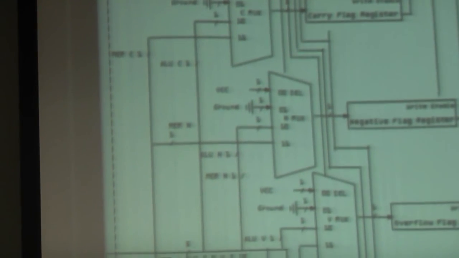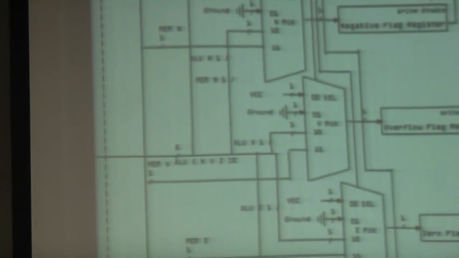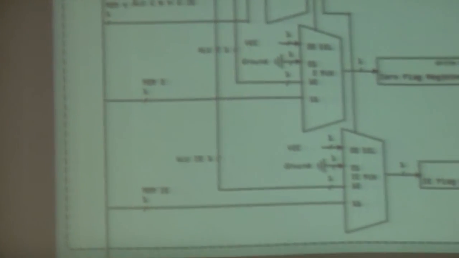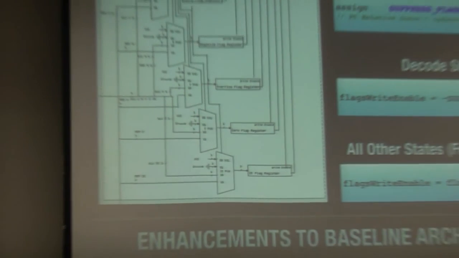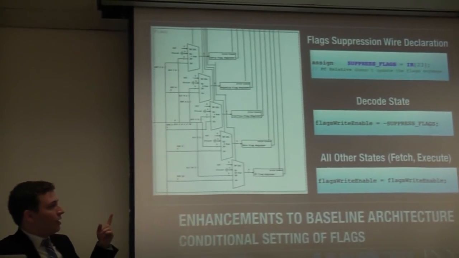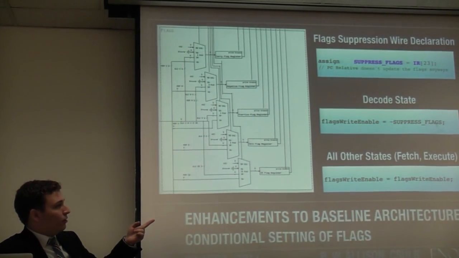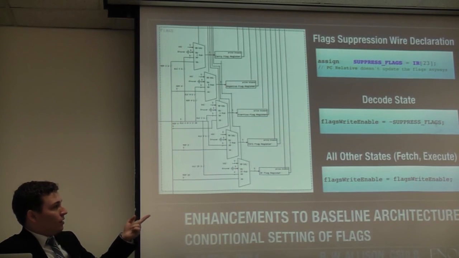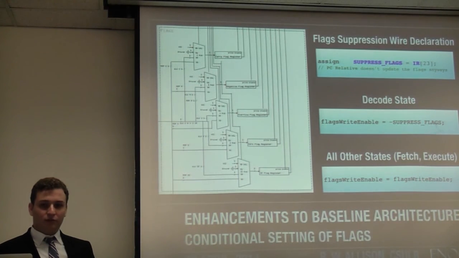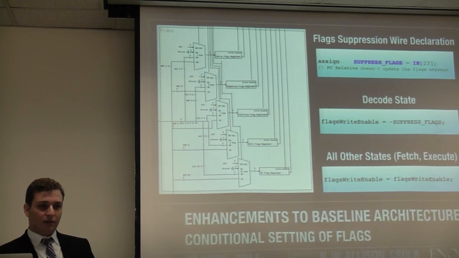So how it works is, in our decode state, we check the flag suppression bit. And one design choice that we made here was that instead of also checking for PC relative instruction there, none of our PC relative instructions set the flags anyways.